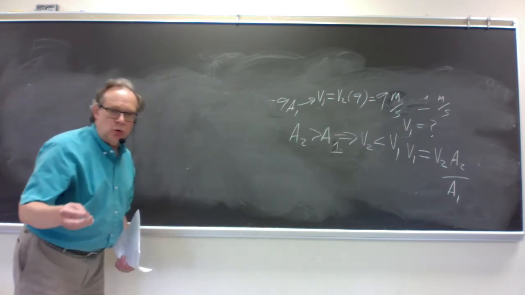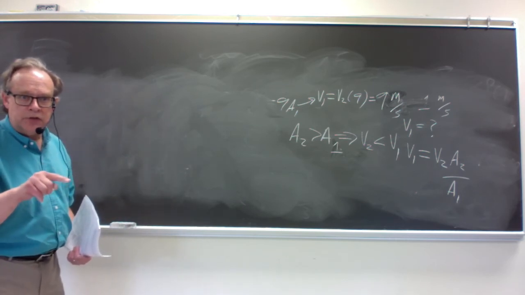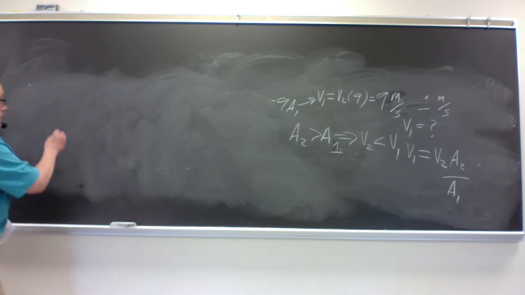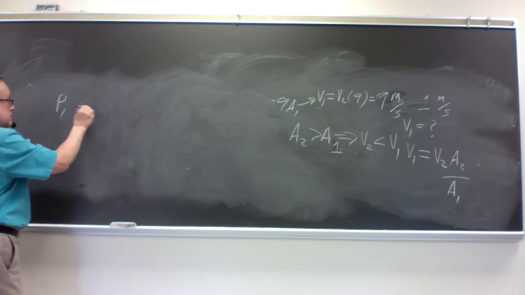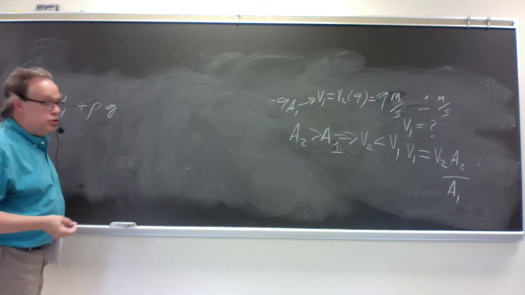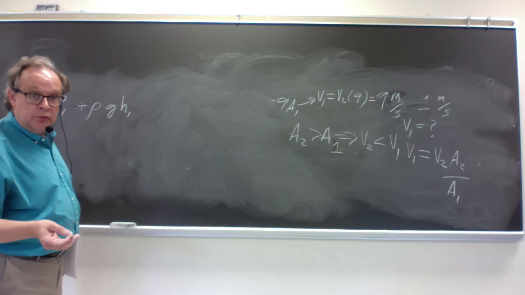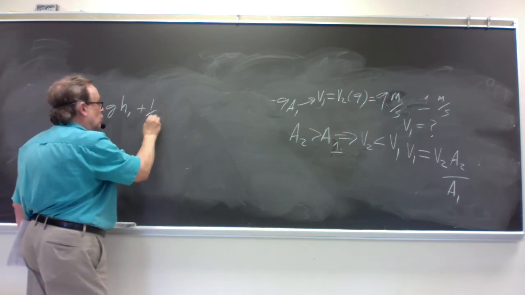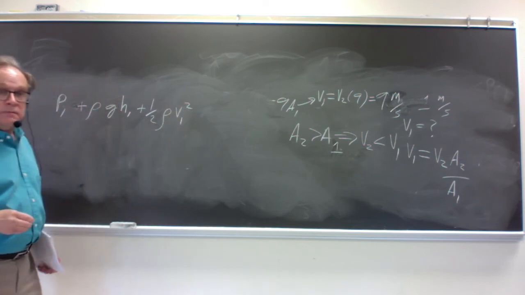So in Bernoulli's equation, we look at one point in one location in the path of some flowing fluid and measure a bunch of numbers and then combine them. Pressure at one point plus density of the fluid, g, acceleration due to gravity, times the elevation of that fluid, how high above the ground, plus 1/2 density times the square of the speed at that point.